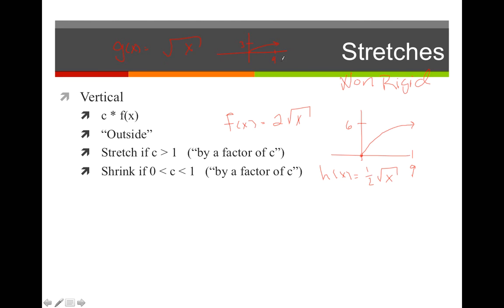So instead of at x equals 9 it being 3, it actually comes out to 1.5. It changes the height of my function right there. So it shrinks it down. Some previous teachers have called it compression, and it compresses the function down by half.